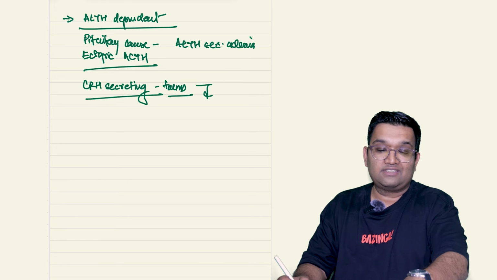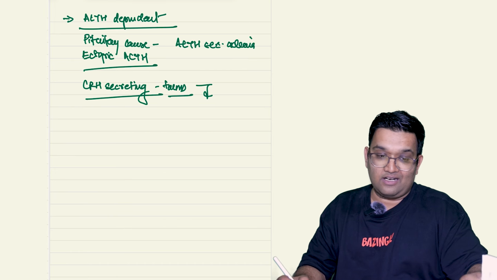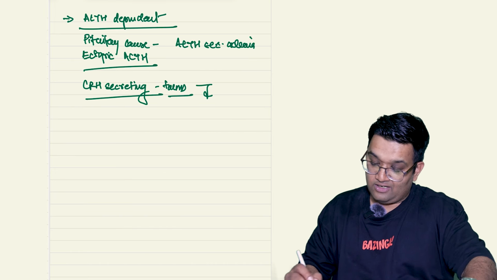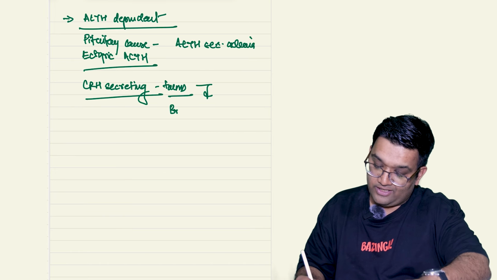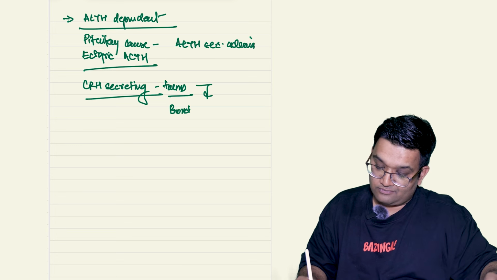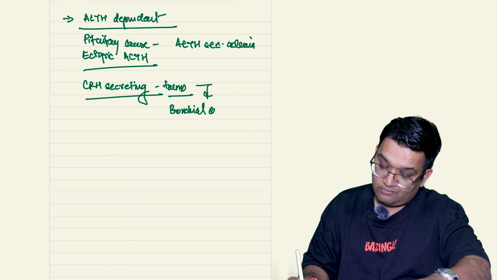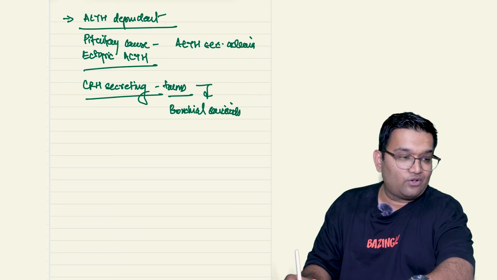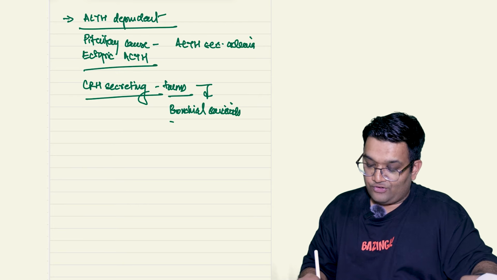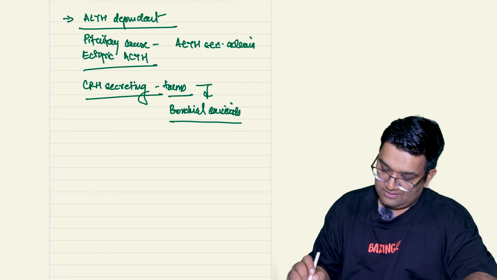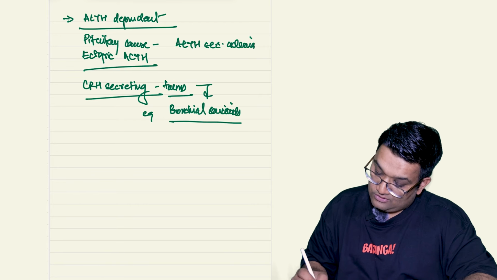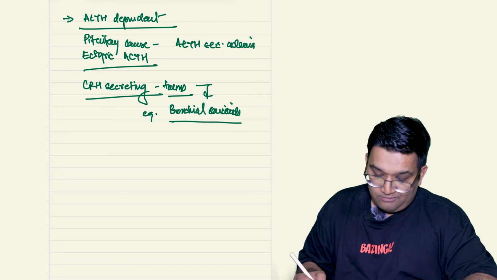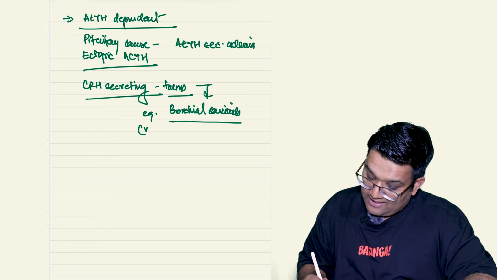Classically, those CRH secreting tumors are going to be your bronchial carcinoids, which are the classical examples.